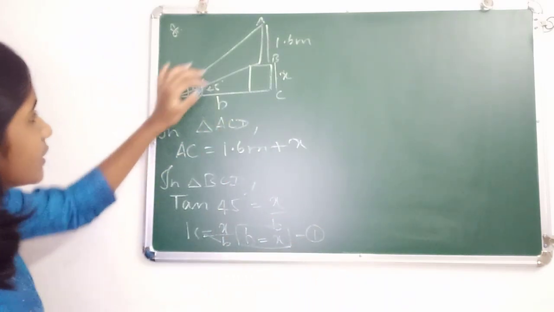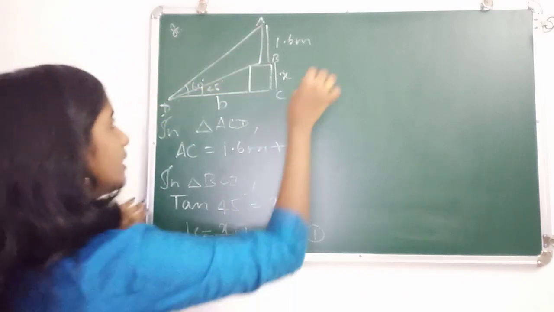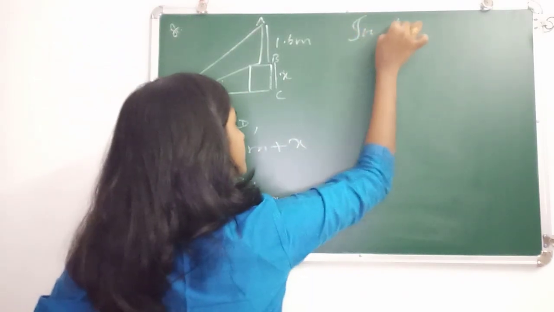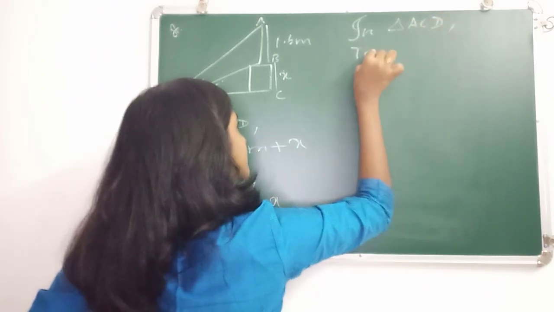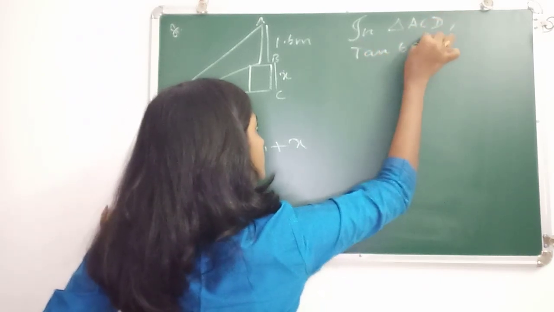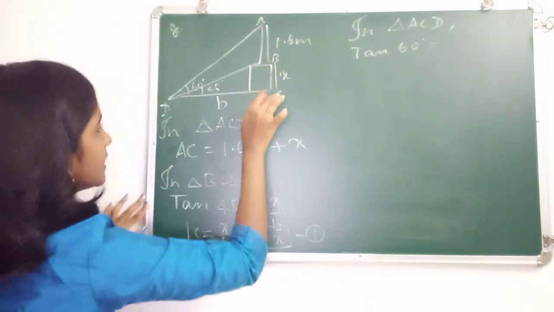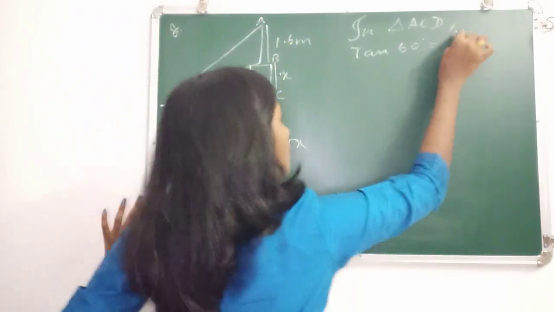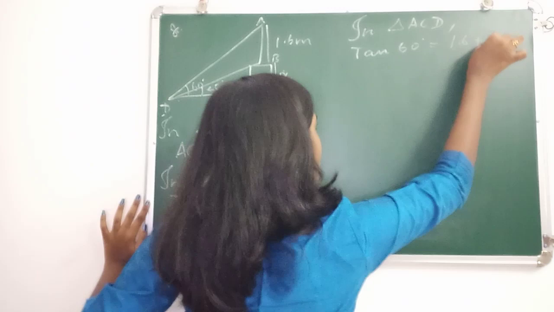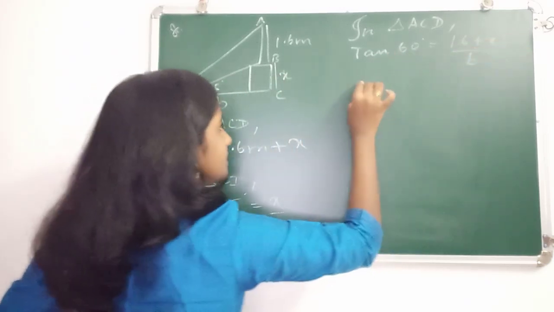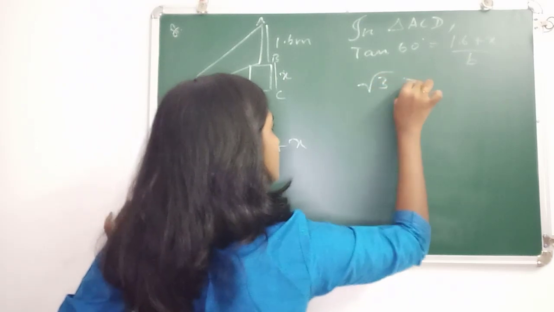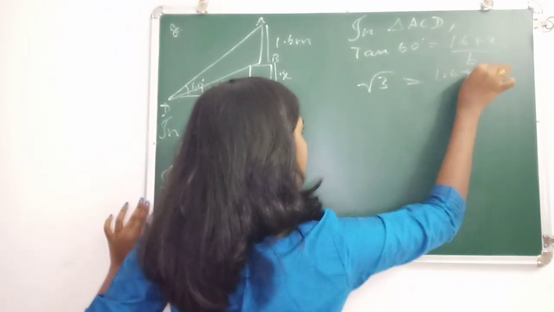And now moving on to triangle ACD again, in triangle ACD, tan 60 is equal to AC by DC, so it is 1.6 plus x divided by B. Tan 60 is root 3, so 1.6 plus x.